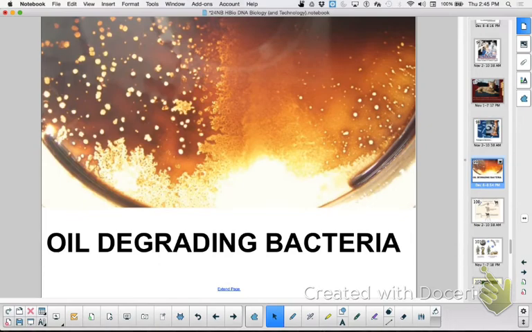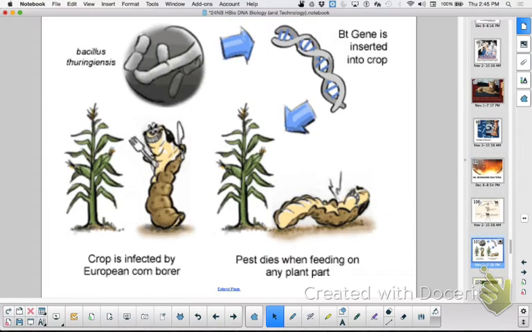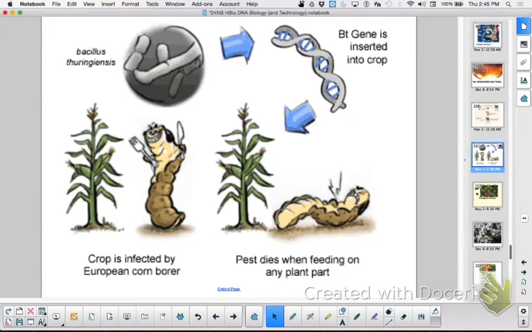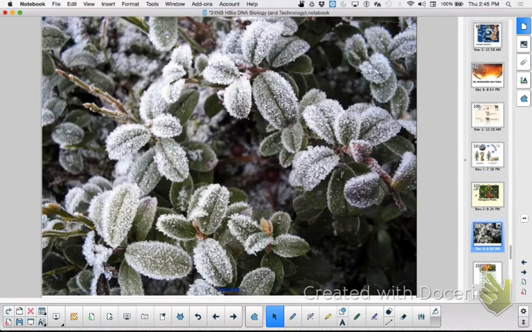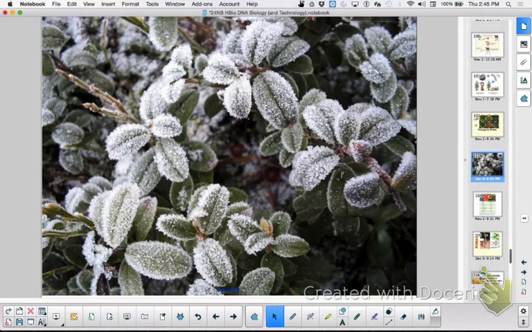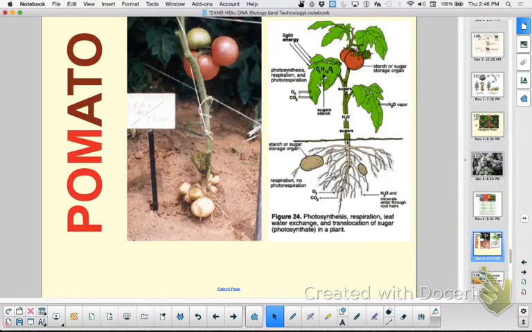There's the biodegrading. You could genetically engineer the plants themselves so they generate their own insecticide, or make them frost resistant or drought resistant, or able to be watered with a higher amount of salt water. Here's a genetically engineered tomato. It's a tomato on top and a potato in the roots.